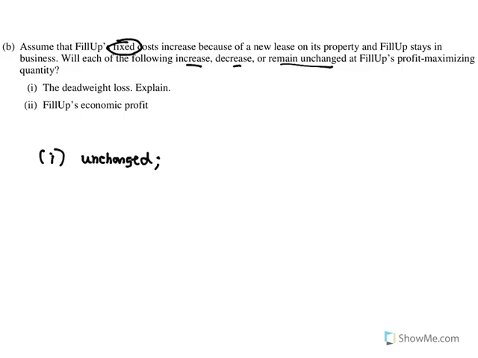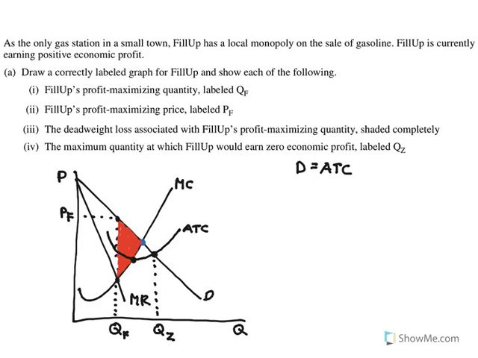Why is that? If we go back to the graph, that blue dot is allocative efficiency. That's where we should be producing. If that quantity changes and gets bigger, then the deadweight loss is going to increase; that triangle we've drawn is going to get bigger.